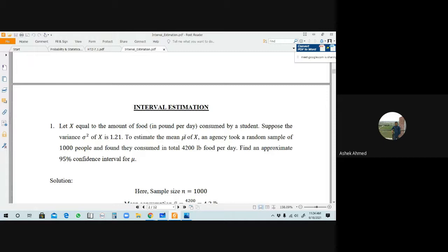Okay, to estimate the mean mu of x, an agency took a random sample of 1000 people and found they consumed in total 4200 lb, meaning pounds, of food per day. Finally, find the approximate 95% confidence interval for mu.